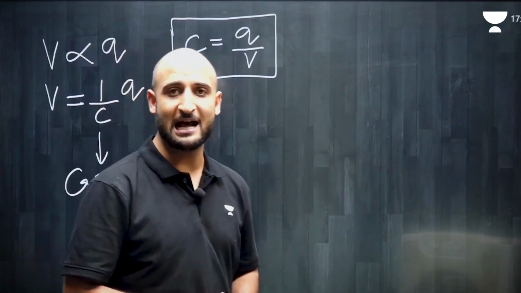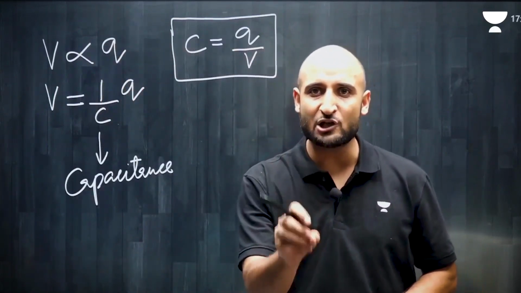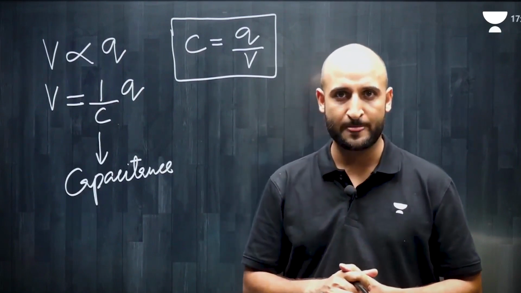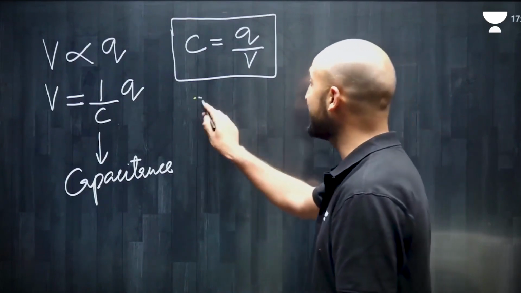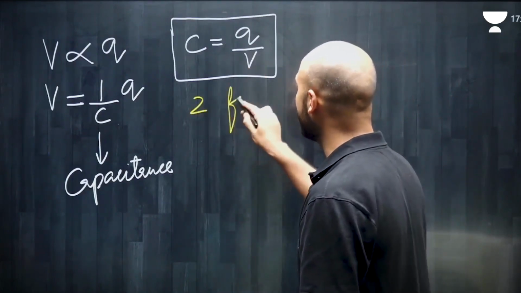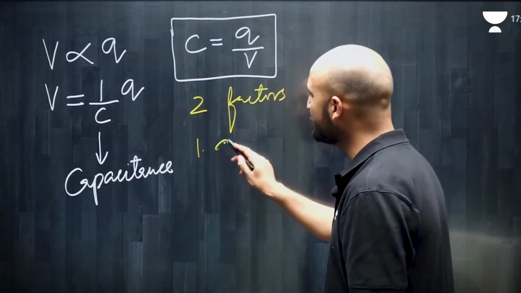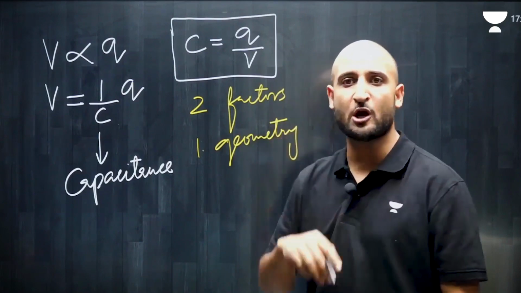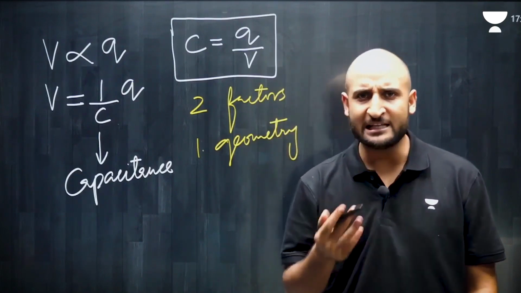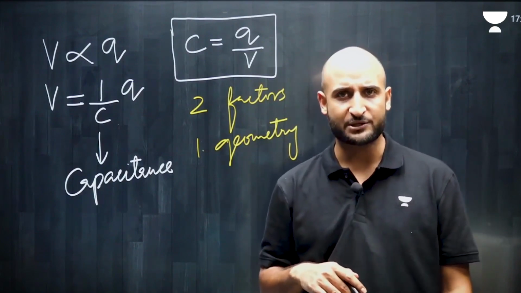Now the question is, sir, what are the factors the capacitance of a capacitor depends on? Guys, there are two factors actually. Number one, it depends on the geometry of the capacitor. What exactly does geometry of the capacitor mean? Sometimes it means the radius of the capacitor.